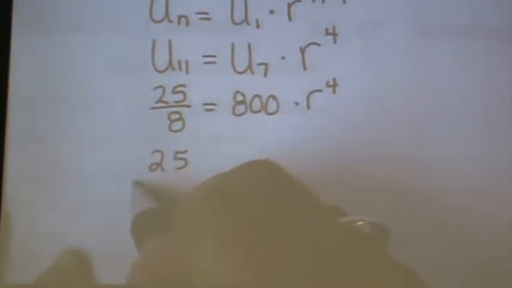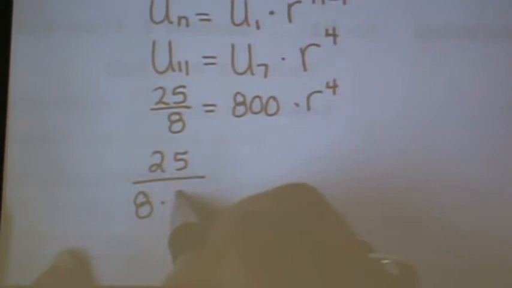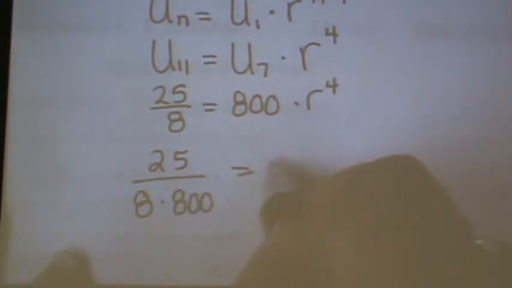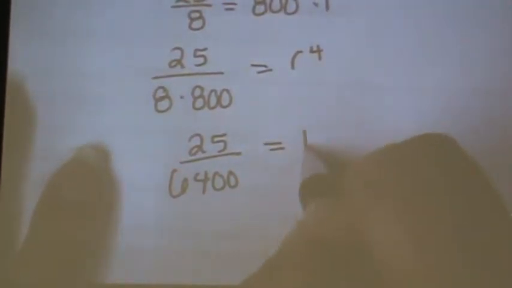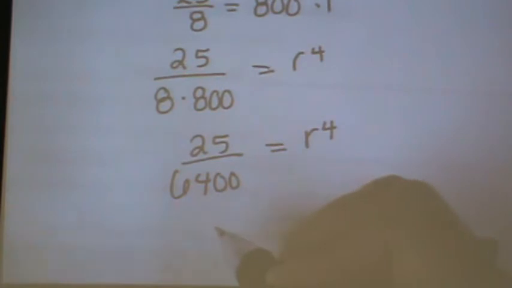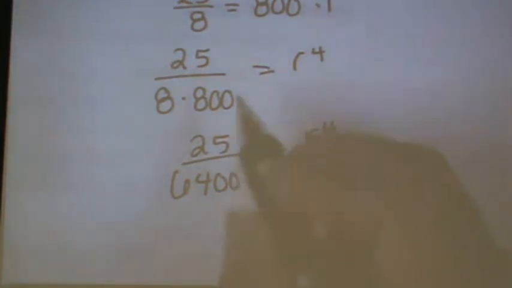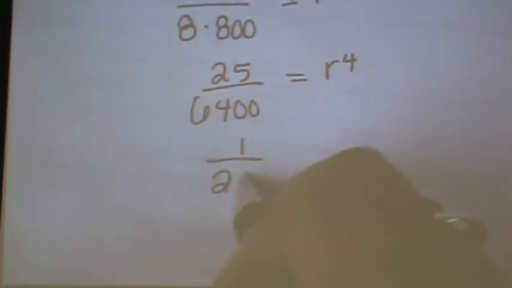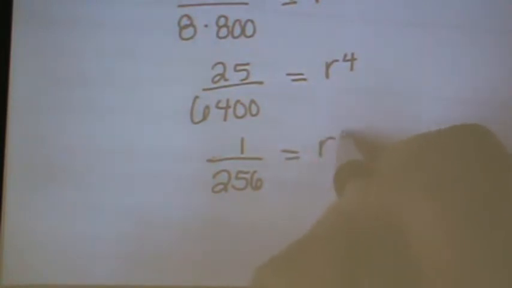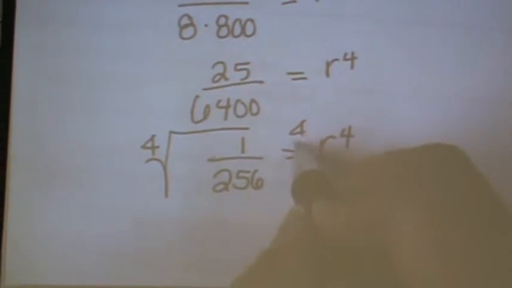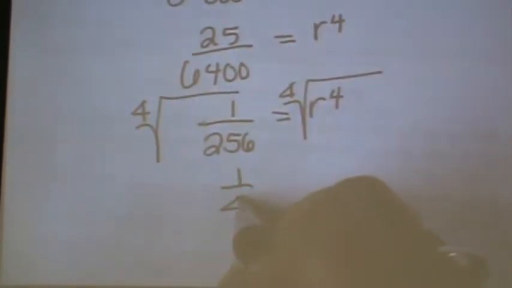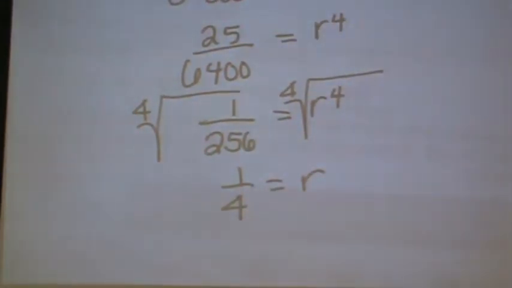You're gonna divide by 800, so you're gonna get 25 over 8 times 800, which is 25 over 6,400. Now, if you reduce, this is where you may have had trouble seeing it, this reduces to 1 over 256. So if you take the 4th root of both sides here, you get 1/4. And that's probably where you had trouble getting that.